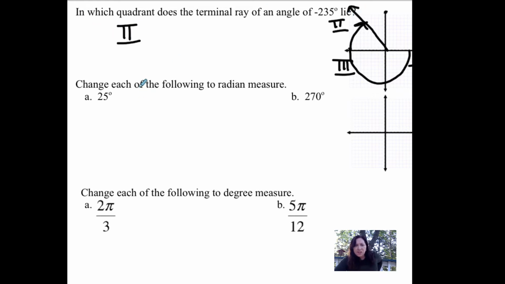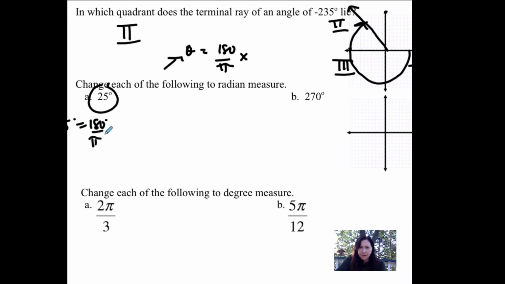This question says, change each of the following to radian measure. So we have a formula that we use to convert from radians to degrees and degrees back to radians. And that is theta equals 180 over pi times x. If we are using degrees, that goes in this side here. So that would be 25 degrees equals 180 degrees over pi times x.